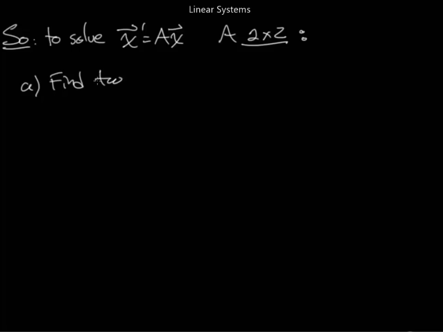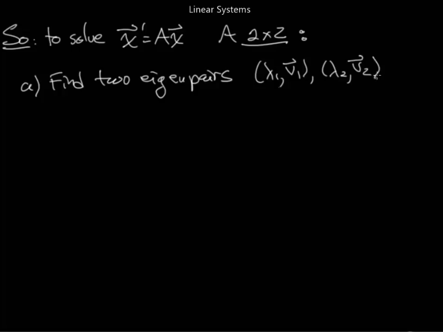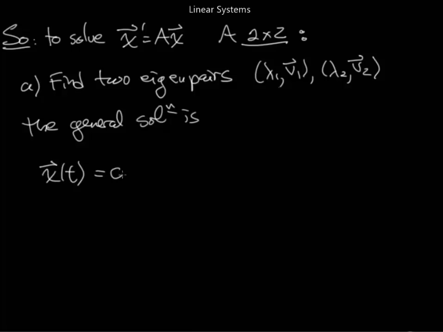You find two eigenpairs, lambda 1, v1, and lambda 2, v2. And if you can do that, then the general solution is a linear combination of those two: c1 e to the lambda 1 t v1 plus c2 e to the lambda 2 t v2.